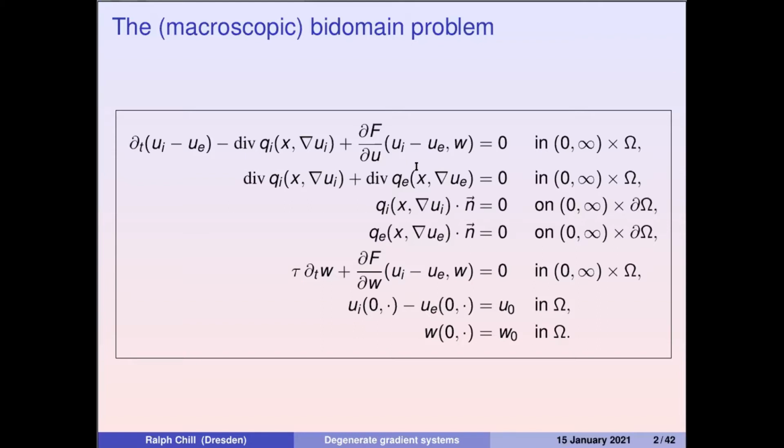And the model is quite old, goes back to the 60s, with maybe simpler models for the evolution of electric potentials in cells. But it has recently been studied again from the point of view to show well-posedness in certain function spaces.